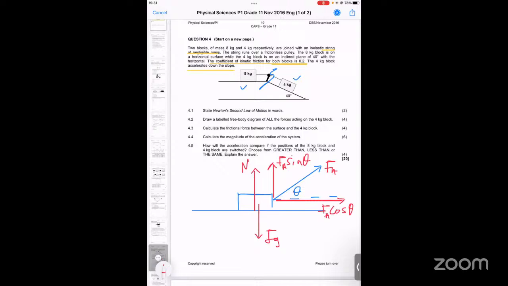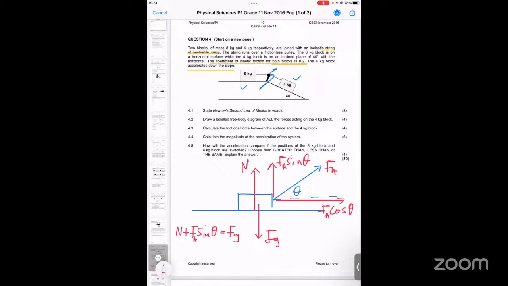So what happens is that because this object is not moving up, it's not moving down, it means the up forces balance with the down forces. So that means the normal force, including that FA sine of an angle, they balance with FG.